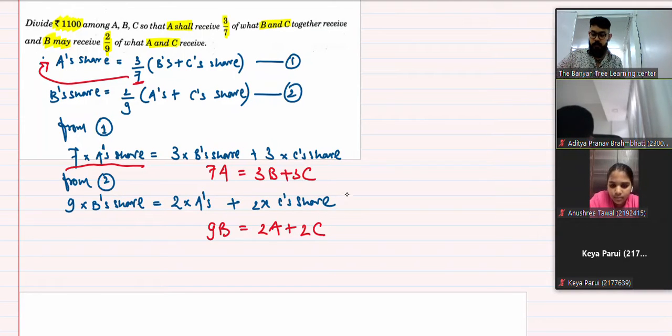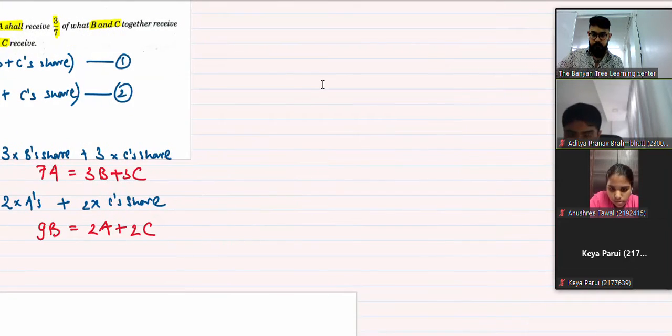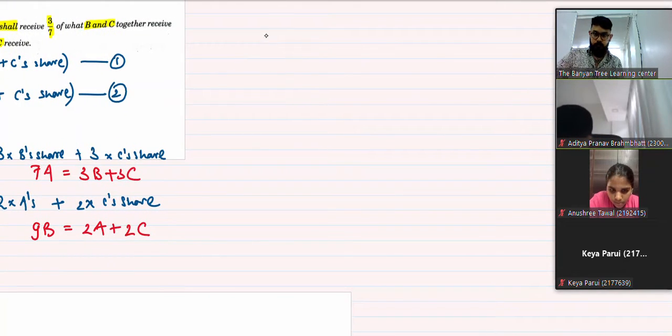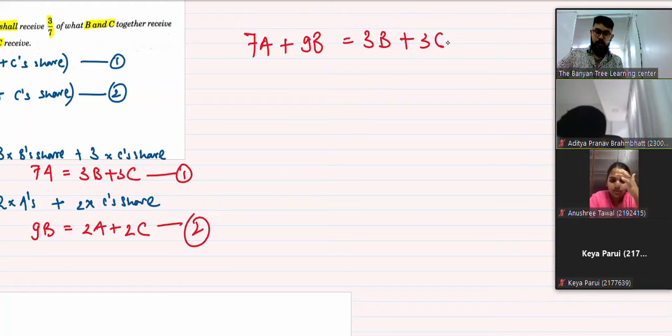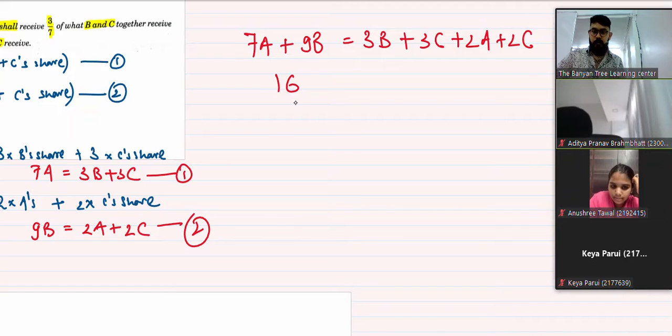These are the two equations basically. So what we are going to do is add equation 1 and 2. So 7A plus 9B becomes equal to 3B plus 3C plus 2A plus 2C. Sorry, 7A and 9B cannot be added, so this will remain 7A plus 9B.